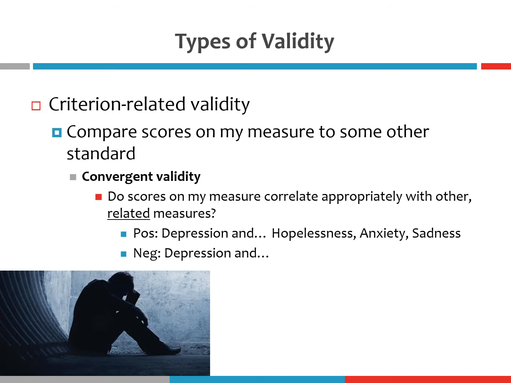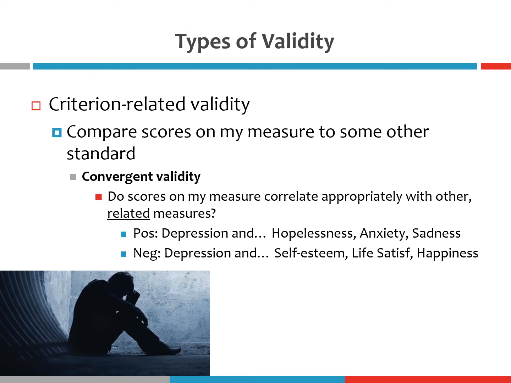So we would expect to see a positive correlation between depression scores and other questionnaires looking at things like anxiety, sadness, hopelessness, etc. And we could do the same thing, except looking for a negative correlation. So we would expect a negative correlation with things like self-esteem, life satisfaction, happiness, etc. Because those are predictable relationships between variables, right?